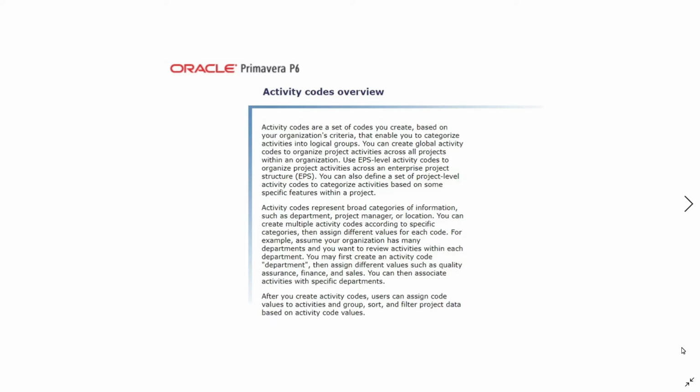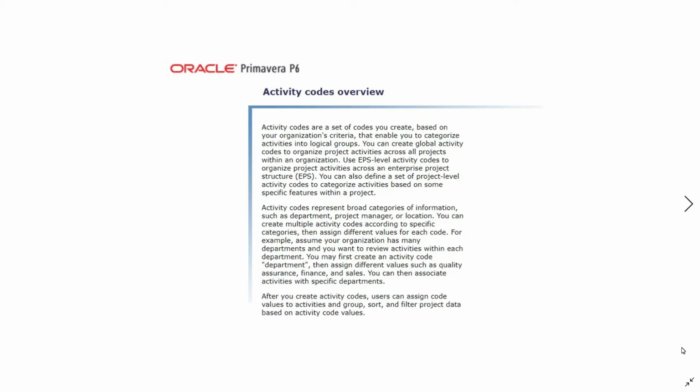For example, assume your organization has many departments and you want to review activities within each department. You may first create an activity code department, then assign different values such as quality assurance, finance, and sale. You can then associate activities with specific department.